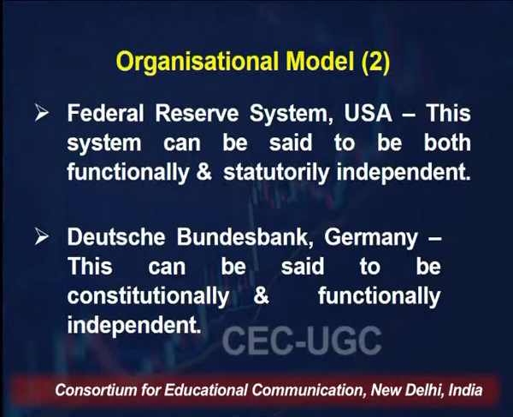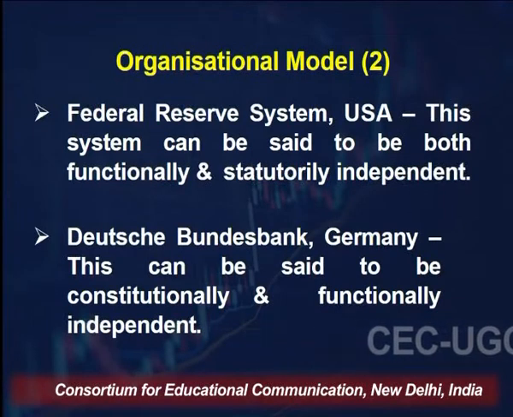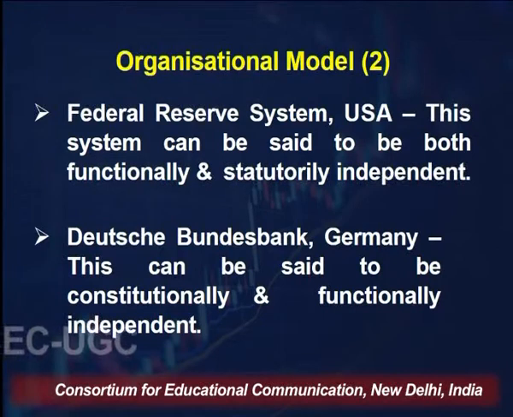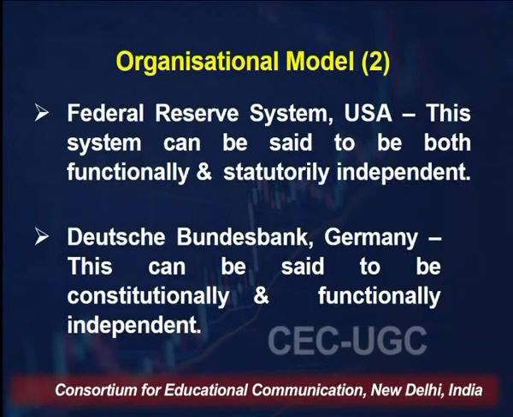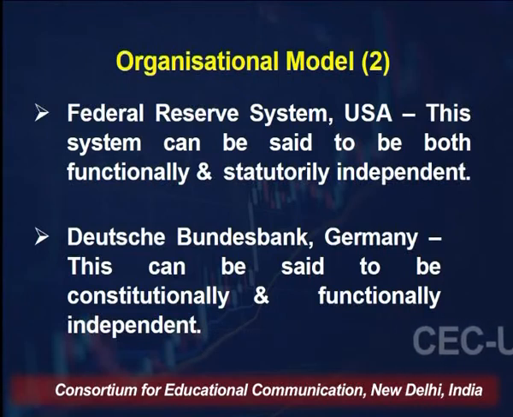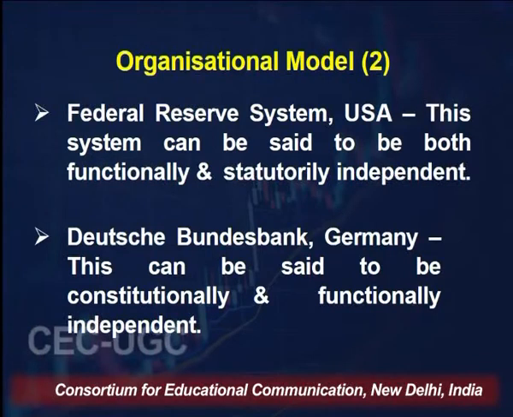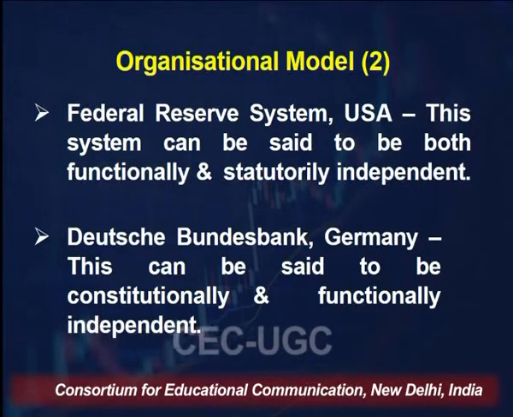Next comes the Federal Reserve System of the USA, which can be said to be both functionally and statutorily independent. Then the Deutsche Bundesbank of Germany, which can be said to be a constitutionally and functionally independent structure of the banking system.